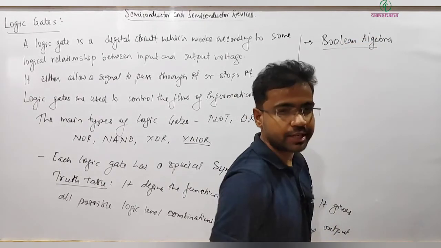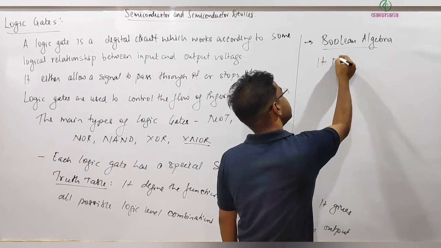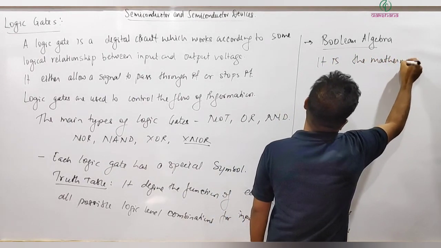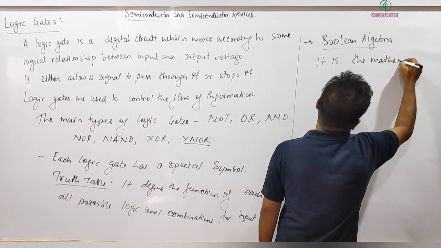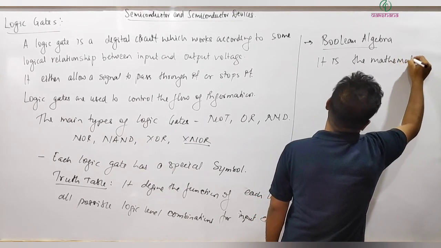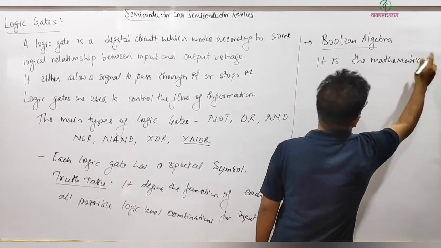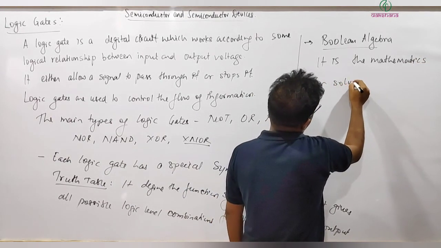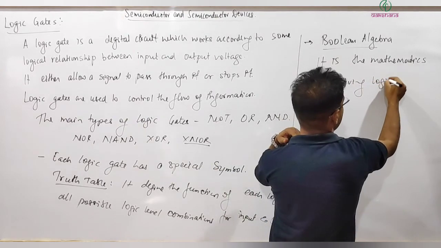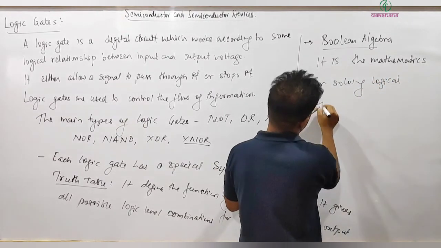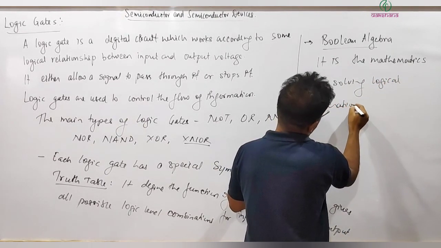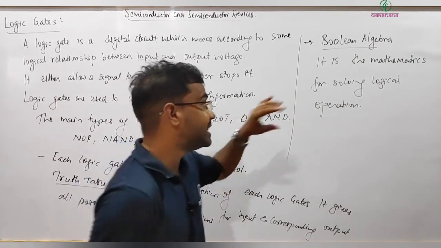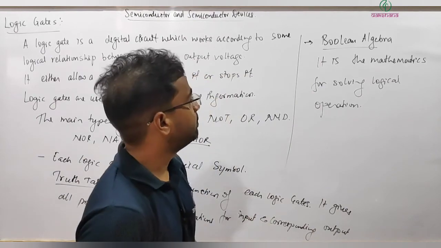Boolean algebra is the mathematics for solving logical operations, or for understanding the logic gates. So that is defined as Boolean algebra.